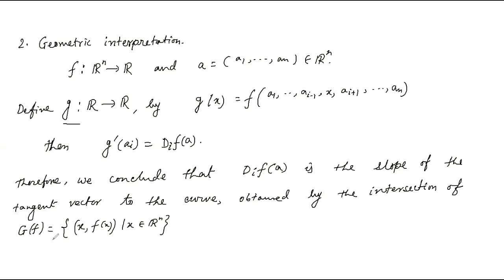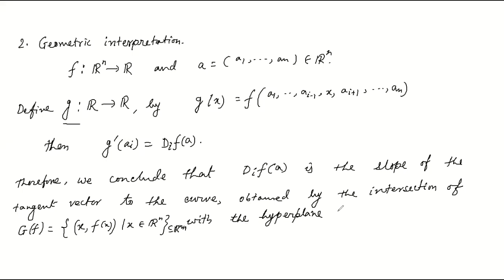So the intersection of the graph of f with the hyperplane. Note that the graph is a subset of R^(n+1): x belongs to R^n and f(x) belongs to R, so the ordered pair (x, f(x)) is an element of R^(n+1).